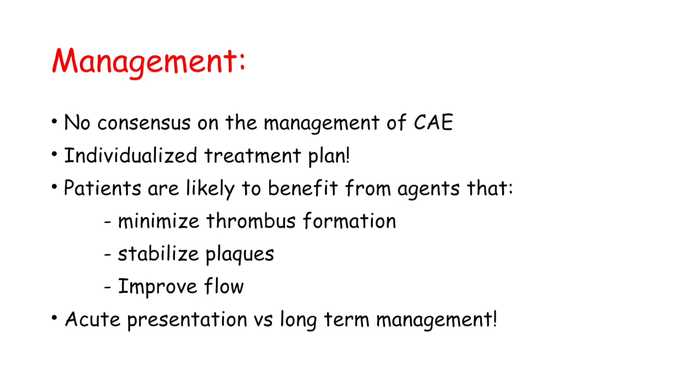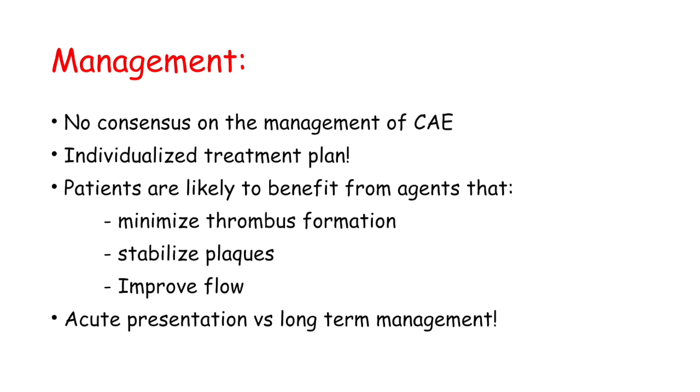We need to stabilize these plaques, because once you stabilize the plaques, you can prevent acute events from happening. And we need to find a way to improve the blood flow in the ectatic segments. Unfortunately, we don't have much medication so far to work on that. We're going to talk about some maybe promising role for ACE inhibitors in this area.